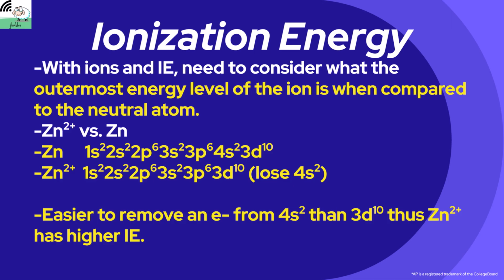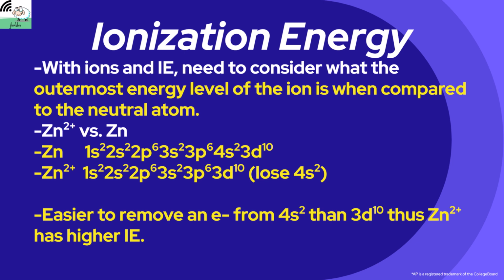So let's move on with our work with ionization energy, and let's consider what the outermost energy level of an ion is when compared to the neutral atom if we're looking at ions in and of themselves. So let's write out some electron configurations, first for zinc and then for zinc 2+, and let's think about what's going to be easier to remove an electron from. Well, if we look at zinc, zinc has its outermost energy level, or outermost electrons, in the 4s sublevel, whereas zinc 2+ has its valence electrons in the 3d sublevel.